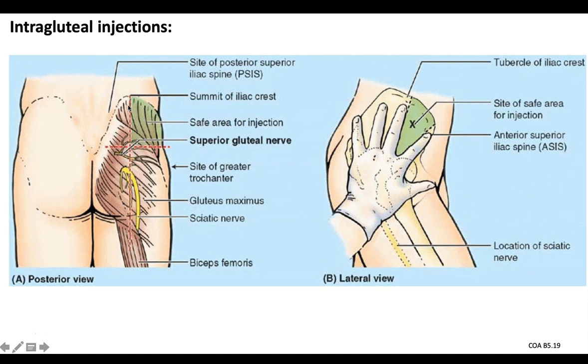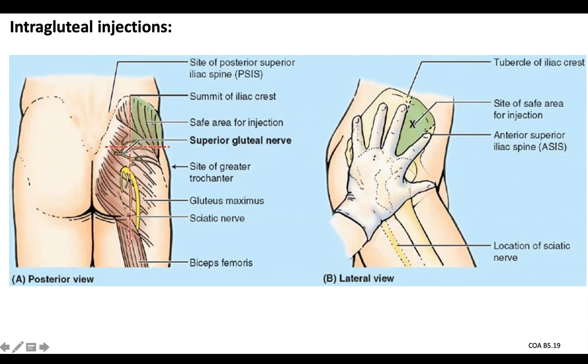If the injection is given in the gluteal region, it is usually given into the upper and lateral quadrant. See, if we divide the gluteal region into four quadrants, this is the upper and lateral quadrant where the intramuscular injection is given.